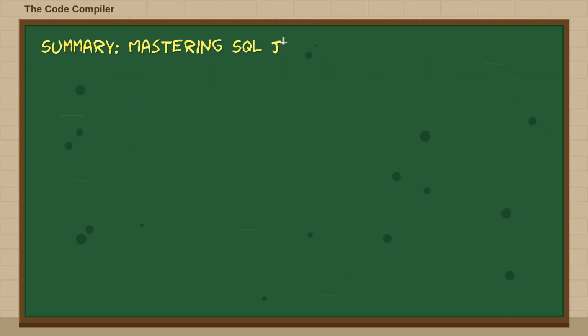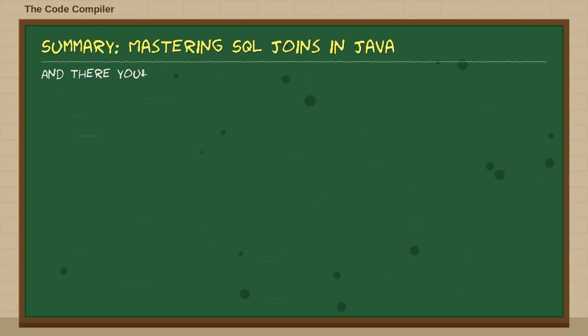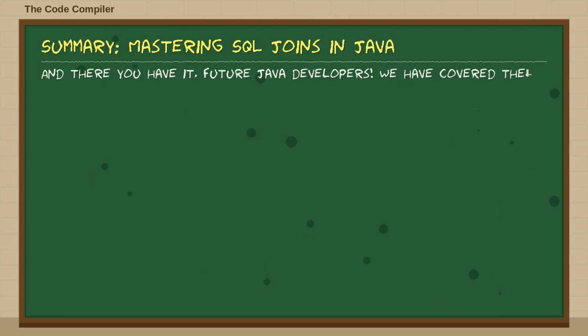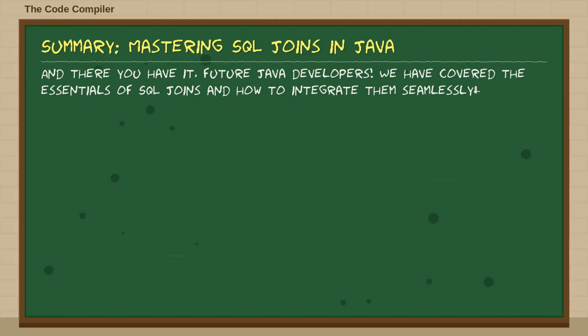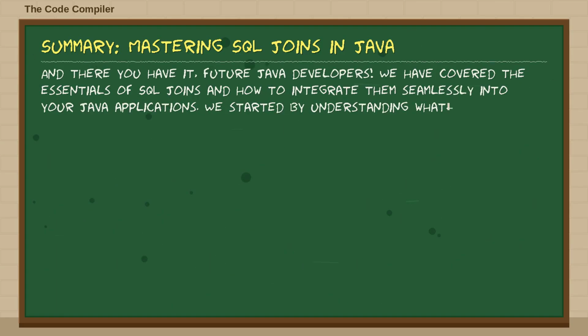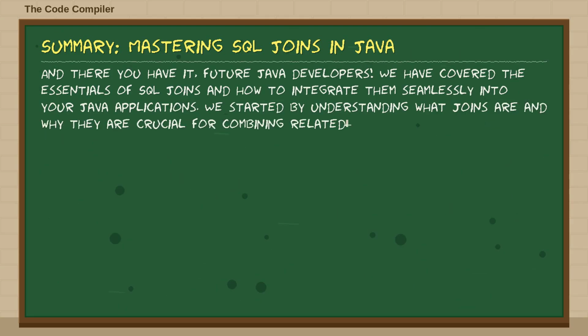And there you have it, future Java developers. We have covered the essentials of SQL joins and how to integrate them seamlessly into your Java applications. We started by understanding what joins are and why they are crucial for combining related data.